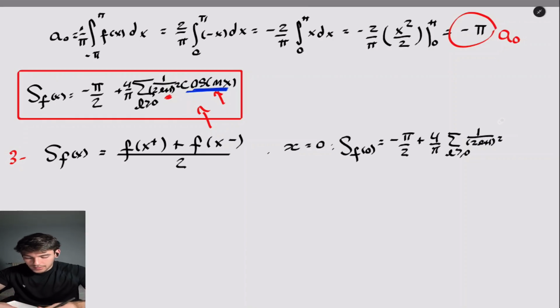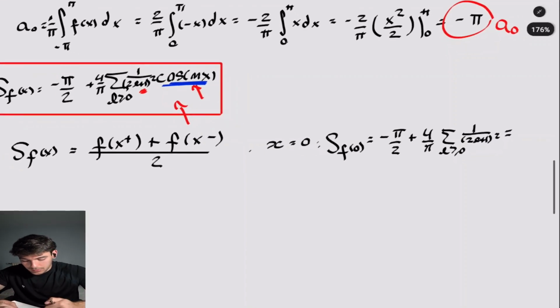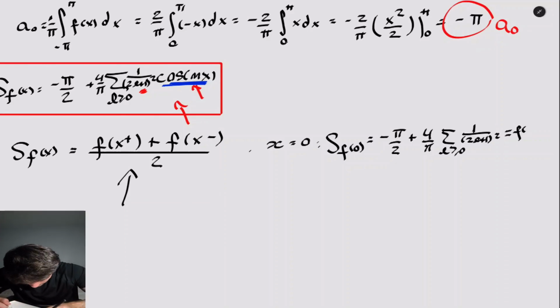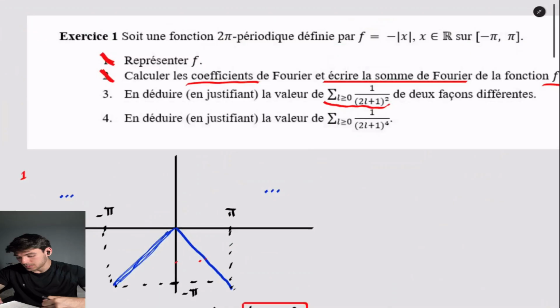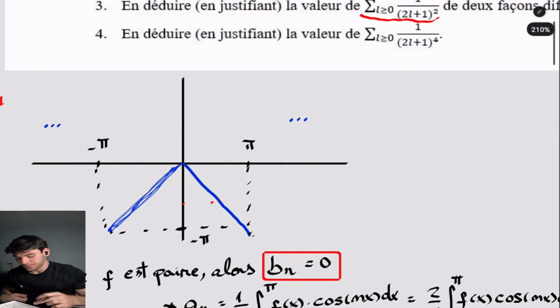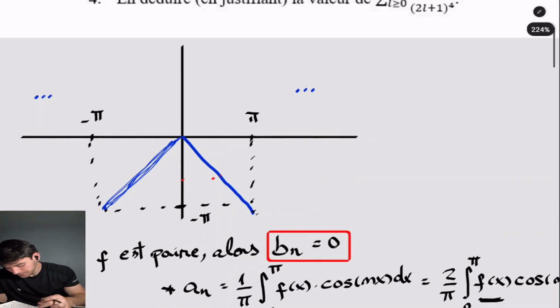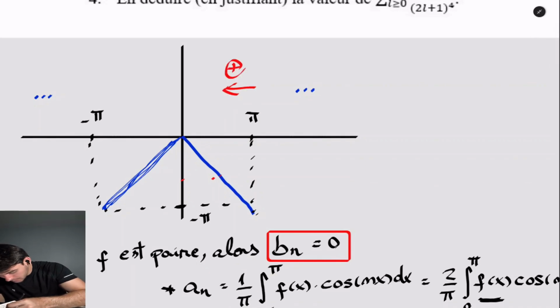Now, following the equation of Dirichlet here, we need to find the value of the function on the point 0 coming from the right plus the value of the function on the point 0 coming from the left, divided by 2. If we go up to the graph that we've drawn, if we follow from the right, we're going to follow our graph here.